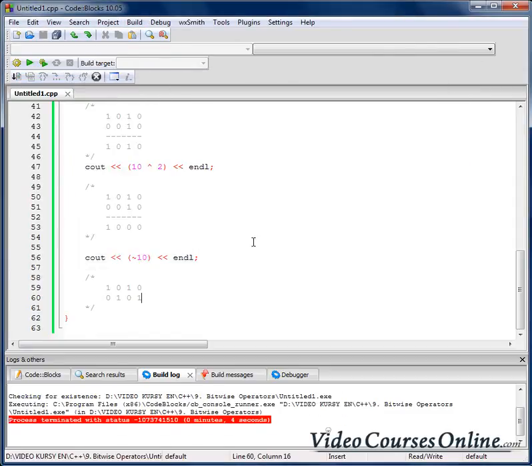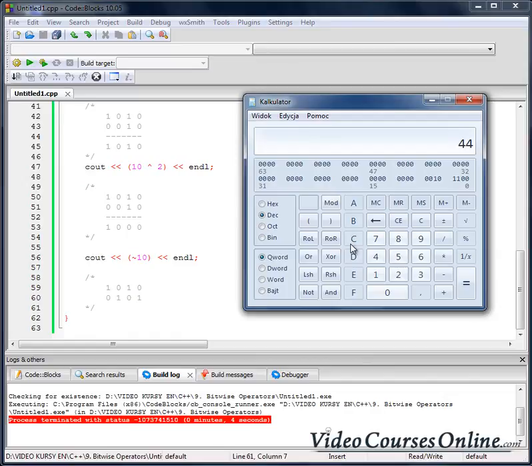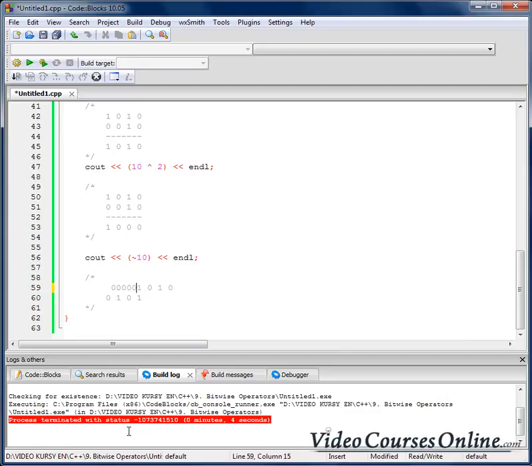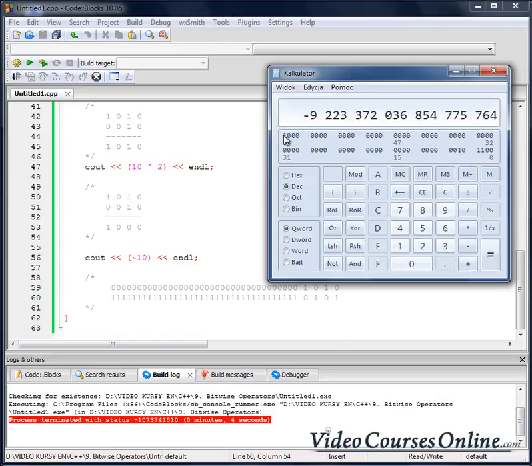minus 11. Why? As you have probably noticed when I was running that calculator here, look how many zeros we have here. So there are so many zeros, and that many zeros are changed to 1, right? Also, in programming, if you want to achieve a negative number, the first bit must be 1. The first bit here indicates that the number will be negative.